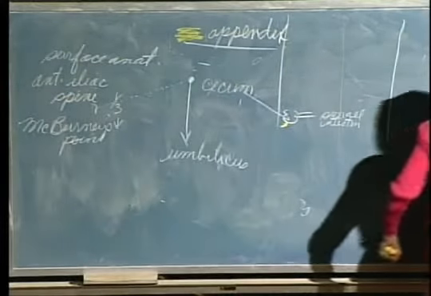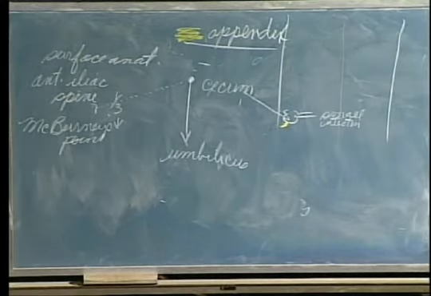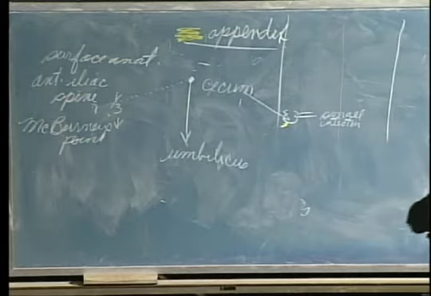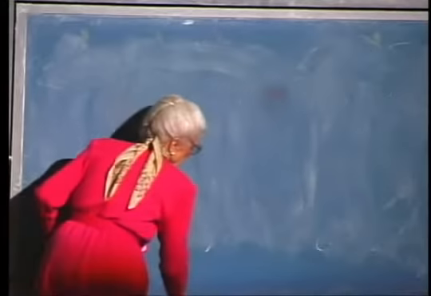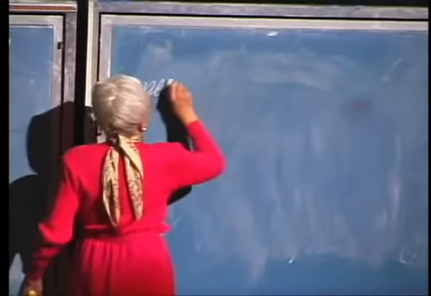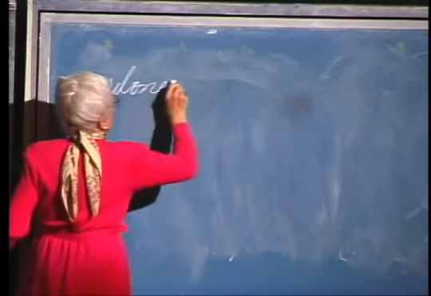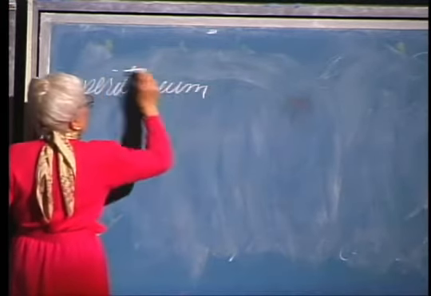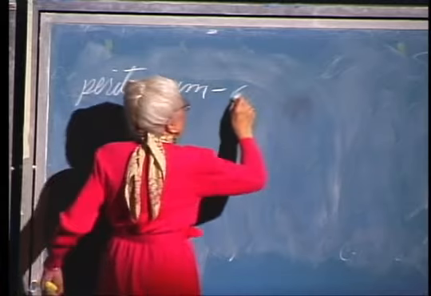We've had the pericardial sac with parietal and visceral pericardium. We've had the pleural sac in the thoracic cavity, the pleura, with parietal and visceral pleura. And now we have the peritoneum for our abdominal wall.